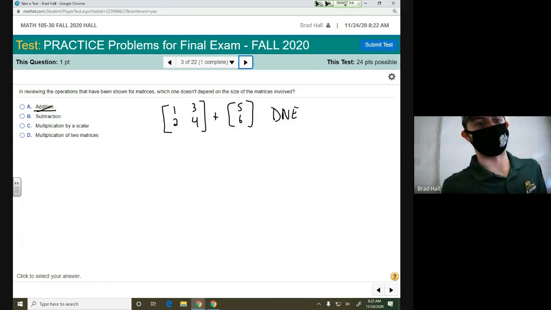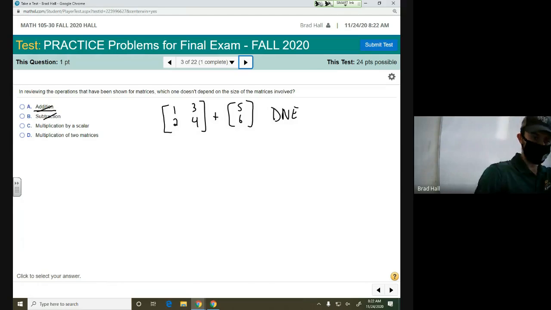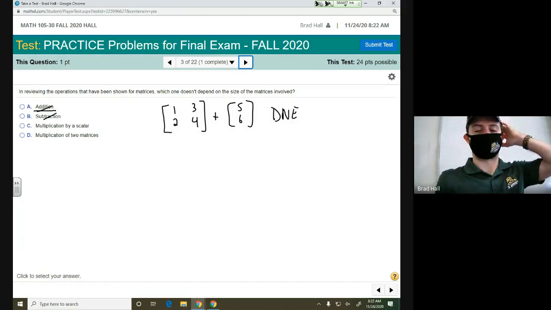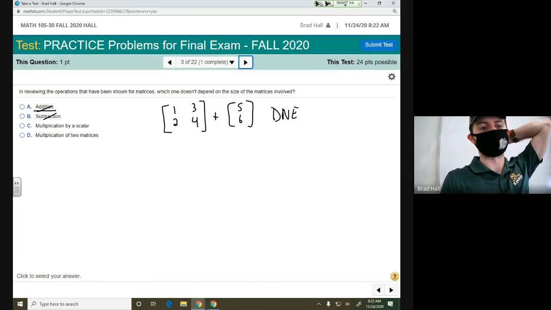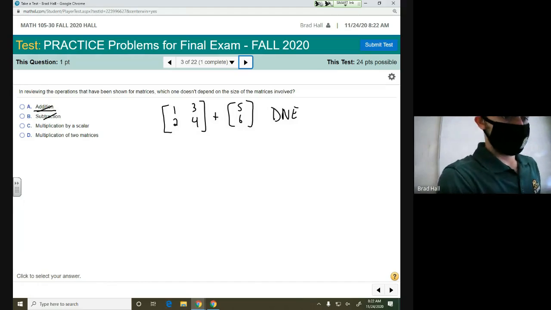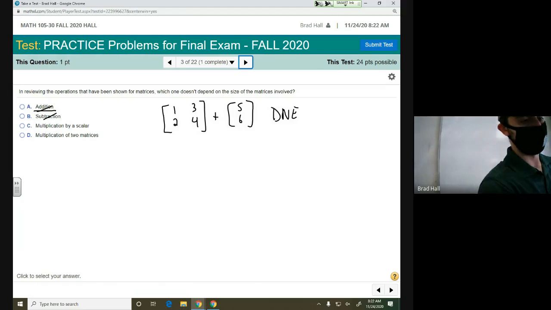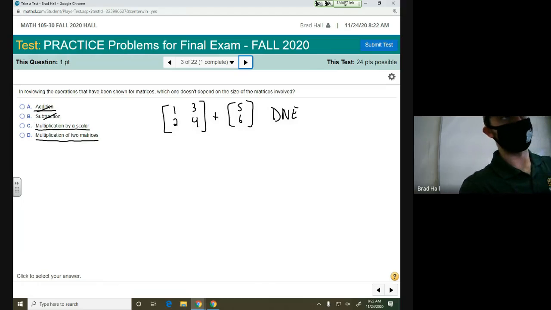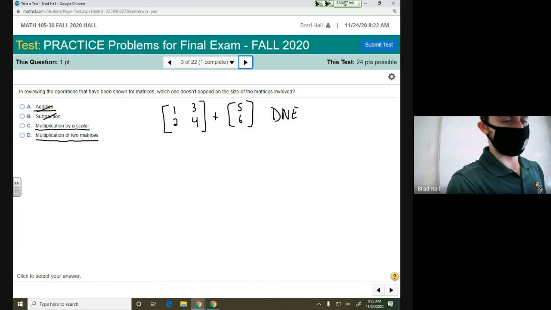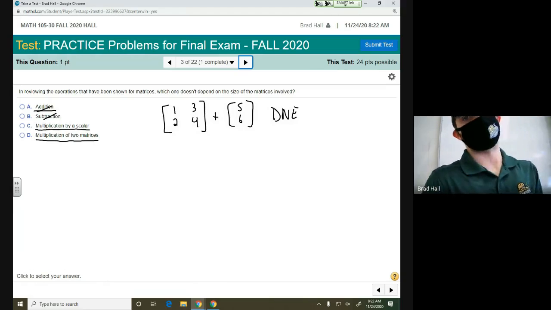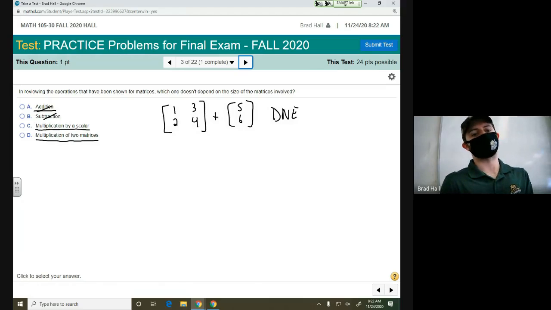And subtraction is the same way, because addition and subtraction are very similar operations. So now it's a question of which one of these does care about matrix size versus does not? Hopefully you remember that you cannot just multiply any two matrices together.